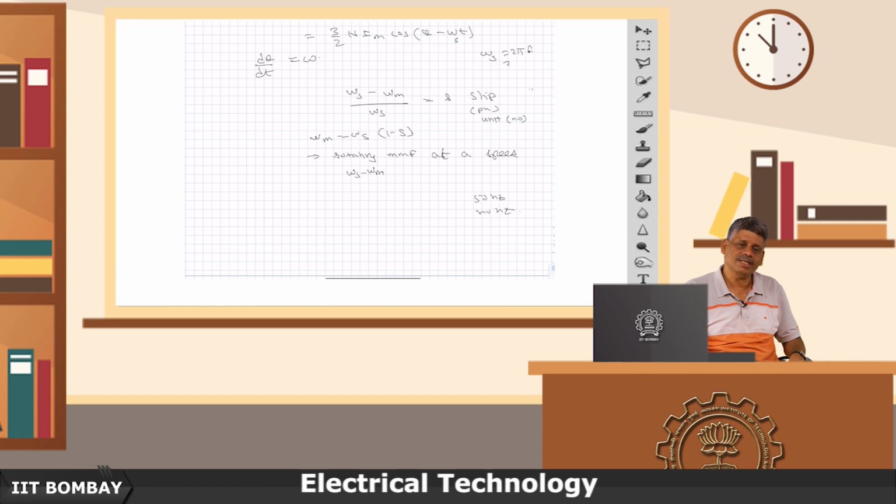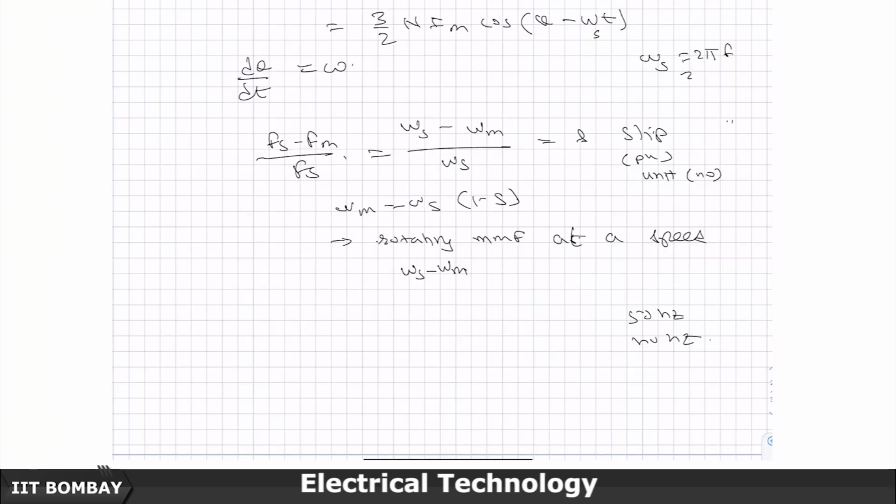By cancelling out the 2 pi factor, this can also be written as Fs minus Fm. So, the machine's air gap rotating MMF wave is rotating at 50 hertz, his speed is only 40 hertz.